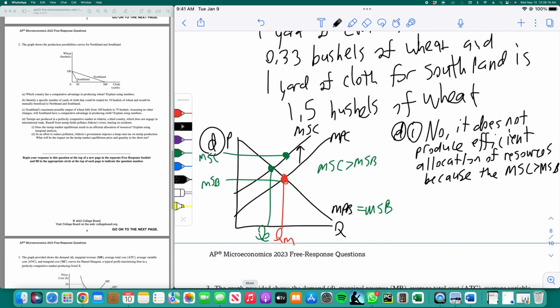That's what I would say. The marginal social cost is more than the marginal social benefit.